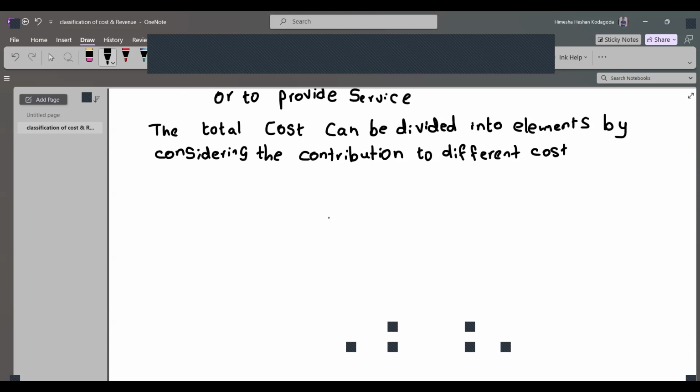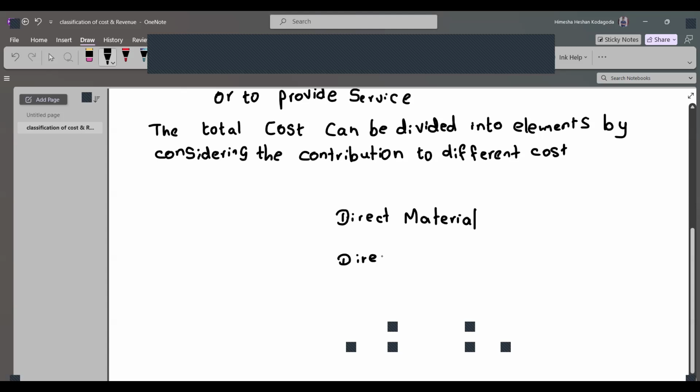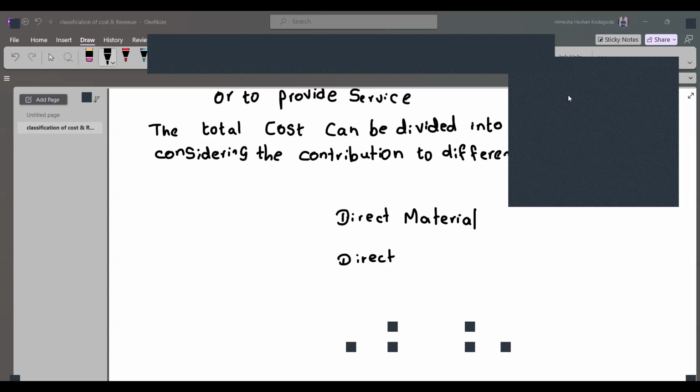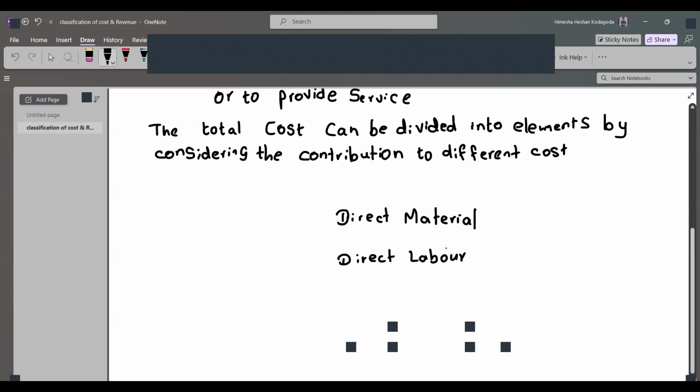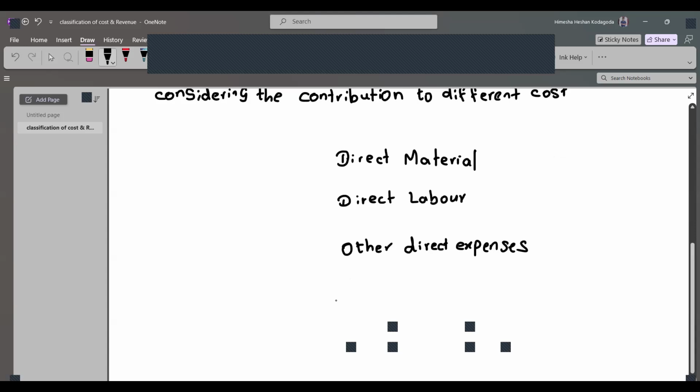We can take direct material, direct labor, then overhead cost.